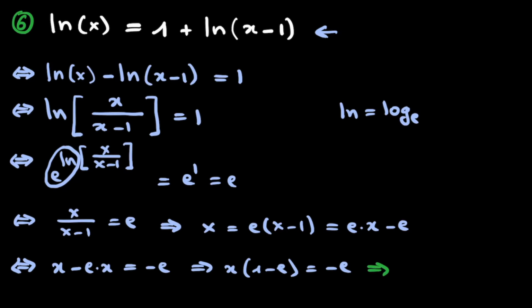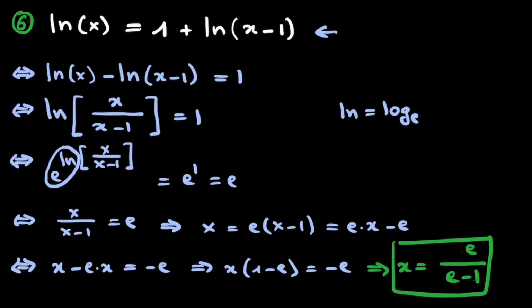And this brings us to our solution that x has to be equal to minus e divided by 1 minus e. Or bringing this minus sign in the numerator to the denominator, we simply have e divided by e minus 1. And this, well, looks much nicer as a solution. And there we have it, already a solution to our initial logarithmic equation.